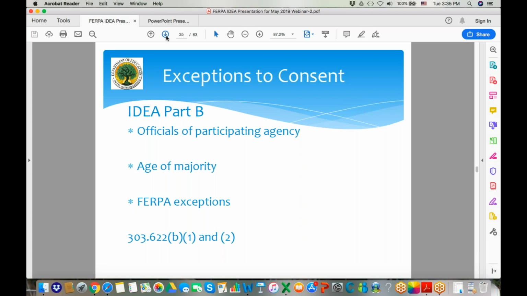And at that point, this child also has rights to receive information in addition to the parent under IDEA Part B. And as noted on the first bullet, officials of participating agencies also have the ability to receive information and disclose and share PII without prior written parental consent. Both IDEA Part B and Part C also incorporate the FERPA exceptions, and Frank's going to talk about 4 of those. Next slide, please.